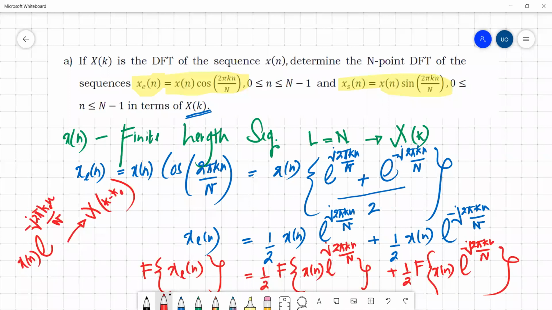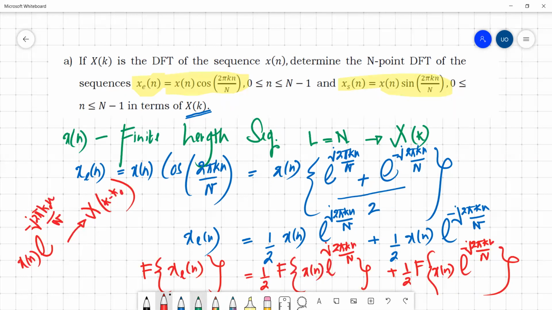If you add a kind of exponential term, it appears as a frequency shift in the Fourier domain. This k naught term appears as a frequency shift, k representing a frequency actually. So then you can simply apply this property to here and here.